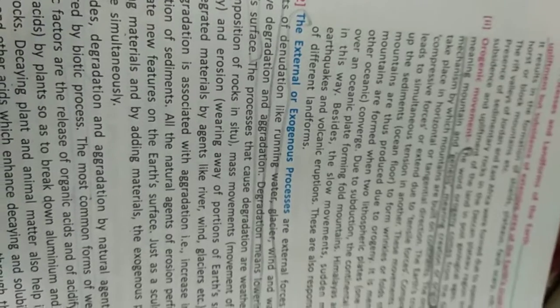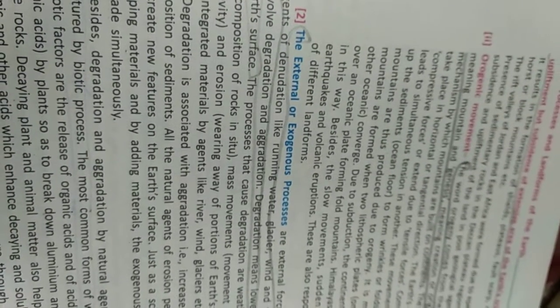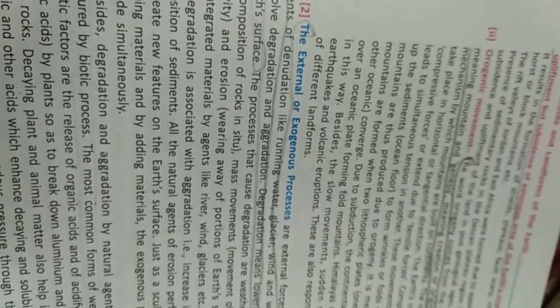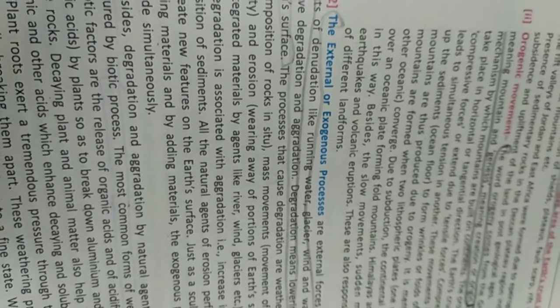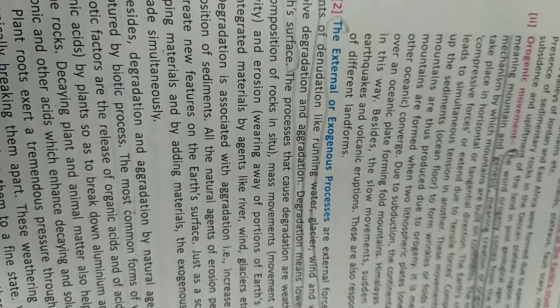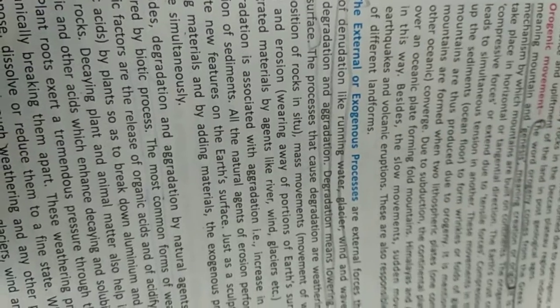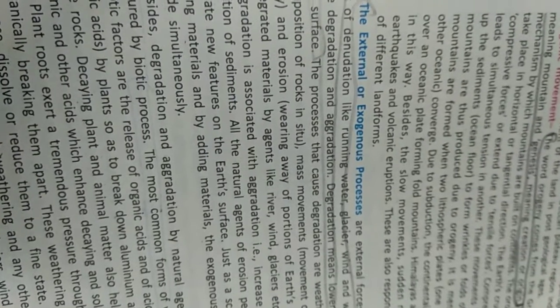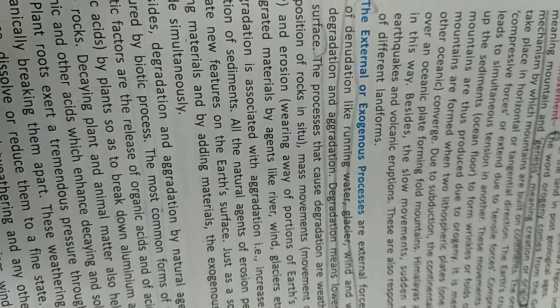Now, besides degradation and aggradation by natural agents, our surface is also sculptured by biotic processes. The most common forms of weathering through biological factors are the release of organic acids and acidifying molecules like protons by plants, which break down aluminum and iron containing compounds in the rocks.